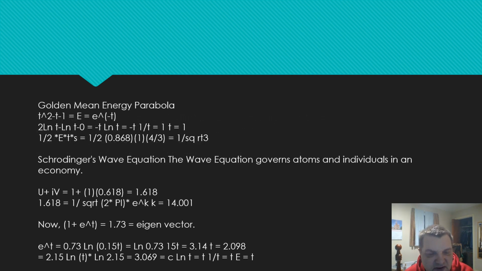So we have also in natural theology the golden mean parabola, t squared minus t minus 1 equals potential energy or energy, which is equal to e to the power minus t.